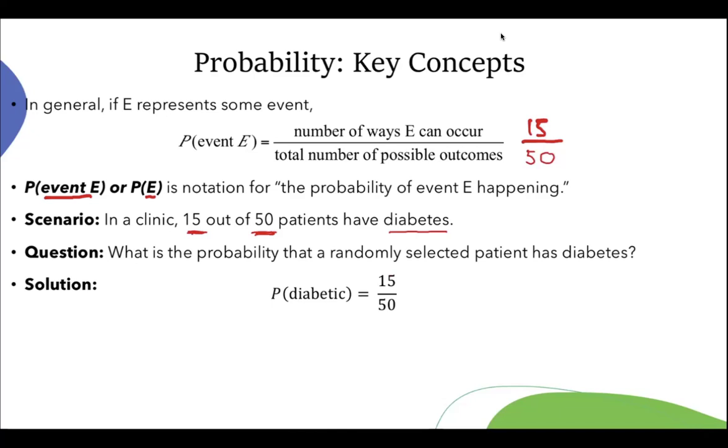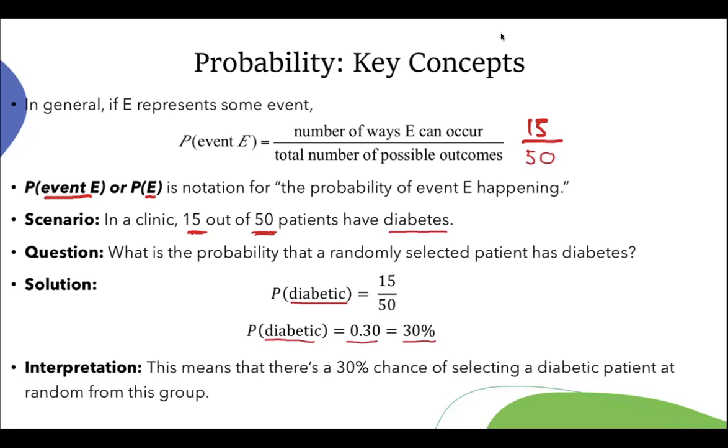Now, usually we express our probability in terms of a decimal or a percent. So we would take that 15 divided by 50 and convert it to 0.30, and turning it into a percent, 30%. So here, the notation that we're using, again with the capital P, and in parentheses, diabetic, meaning that we're looking for the probability of choosing a diabetic patient.